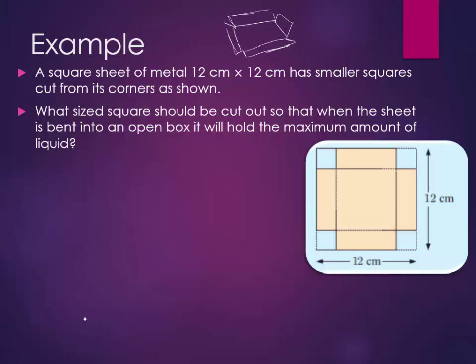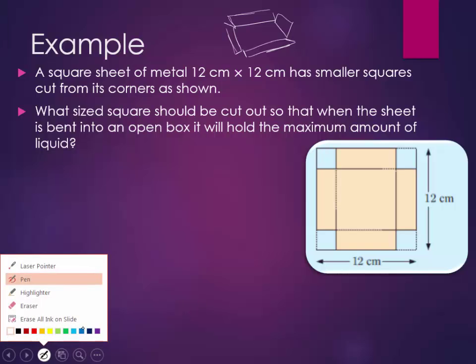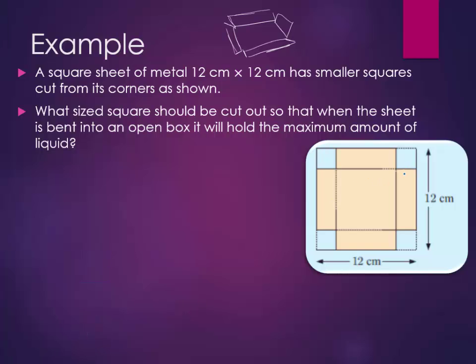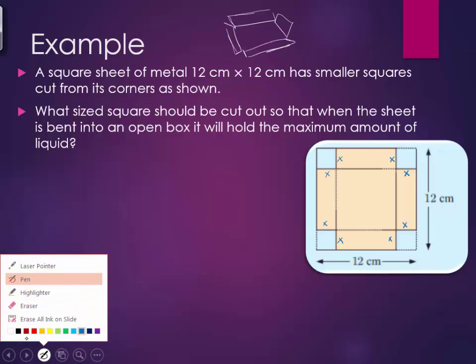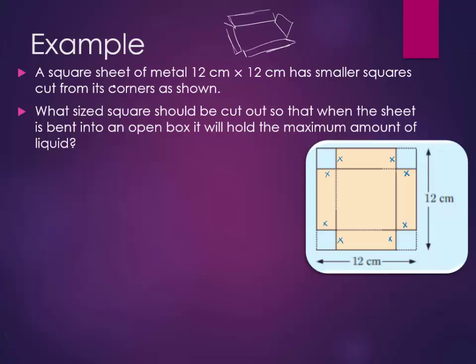Now, when they do this kind of problem, where is the missing value? Well, we don't know how much was cut, but we do know that they're equal. Every single one is cut equally. So let's keep reading the question.